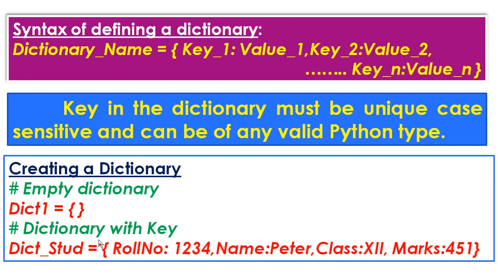This is another example, a dictionary with keys. In dict stud, roll number is key 1, followed by colon 1234, the value 1. Here name is key 2, followed by colon Peter, the value 2. Similarly, class colon 12, comma, final marks colon 451.